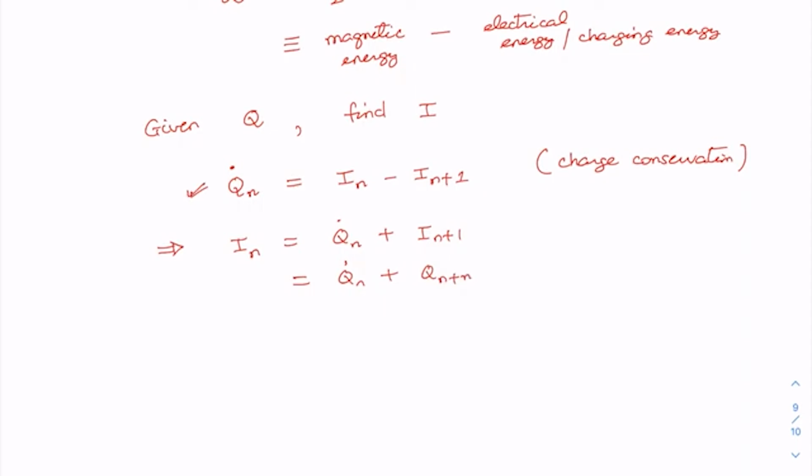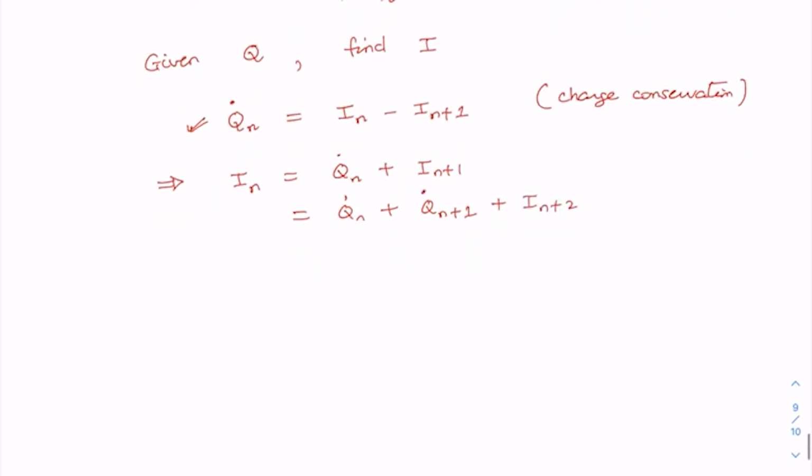Qn plus 1 dot plus In plus 2, and then I can again write it as Qn dot plus Qn plus 1 dot plus Qn plus 2 dot, and so on, so we'll get a series like this.